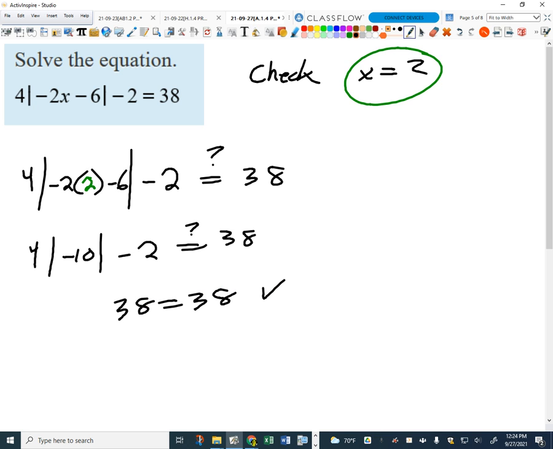It works. Okay, would it have worked if I had tried to plug 2 in up here and I didn't have the negative signs? Wouldn't have worked. Would have given me a different answer. See my point? When we're solving an absolute value equation with variables in it, I can't touch anything inside the absolute values, period. Okay?